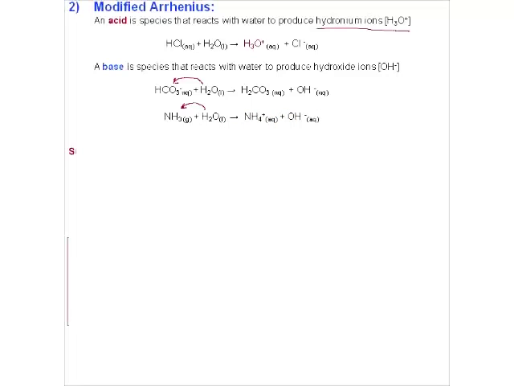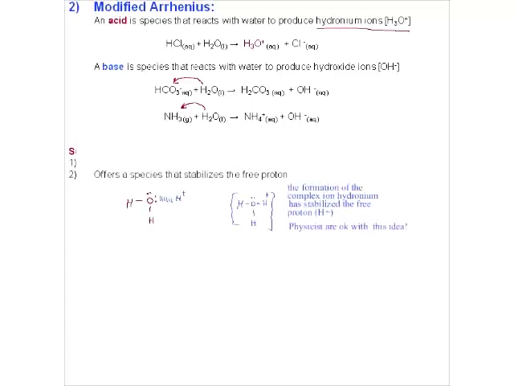What do the physicists say about this? Well, so far so good. So by changing his ideas, modifying his theory, he says, I can explain bicarbonate, I can explain ammonia. And he tries to offer an explanation to the physicists. And he says, all right, here we've got water, and this hydrogen here, which has no electrons, is going to be associated with the lone pair of this water molecule.